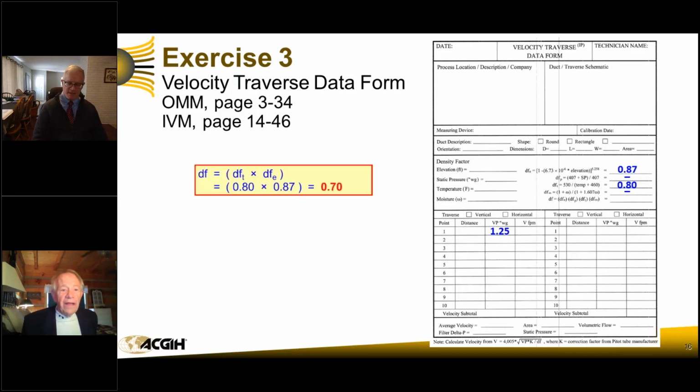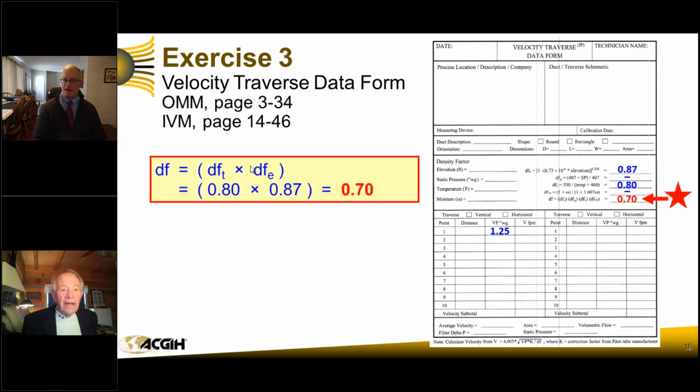So now what we end with is a density factor that is the combination of temperature and elevation. That's 0.7. The air will only be 70% as dense as it is at standard conditions. And the pitot tube lied to you. So we can go into this in chapter 9, table 9.7.